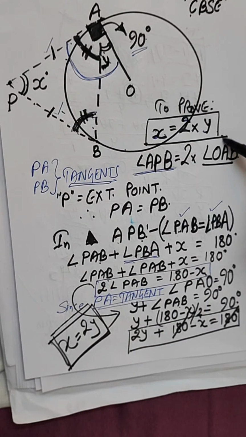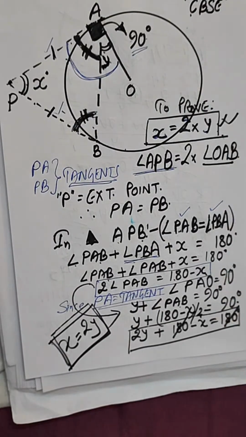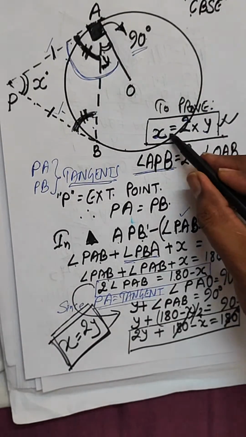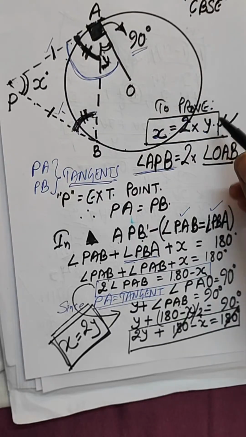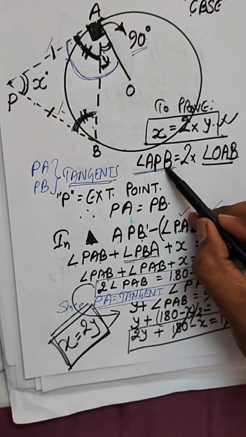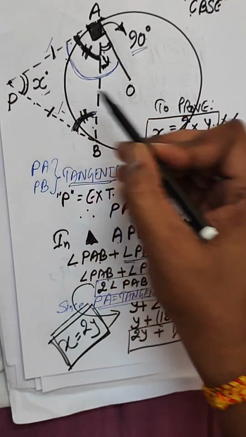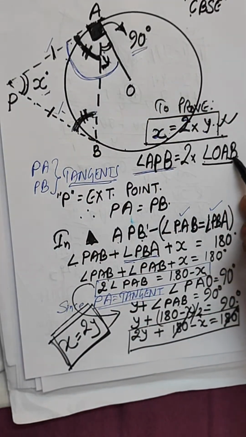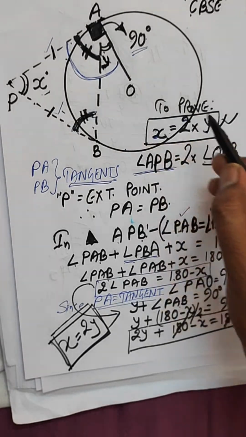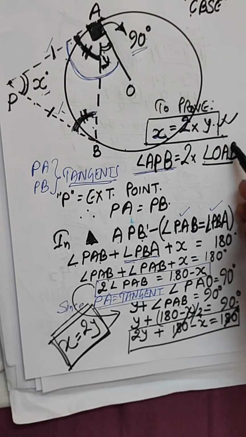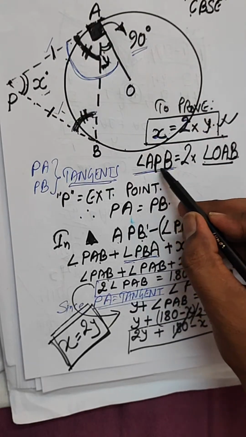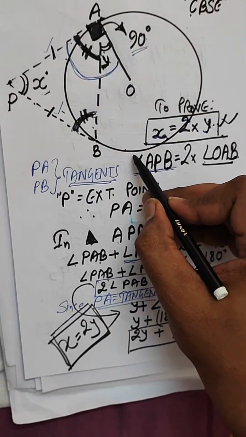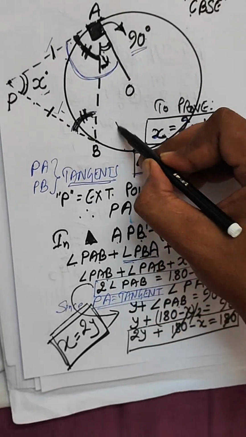So angle APB, which is x, equals 2 times angle OAB, which is y. This is proved.